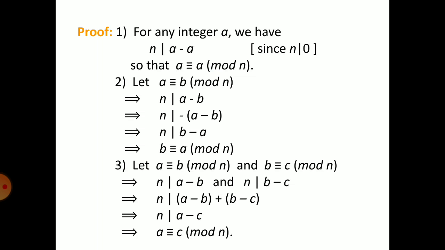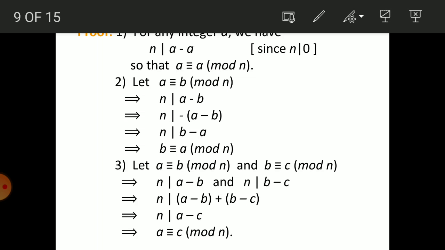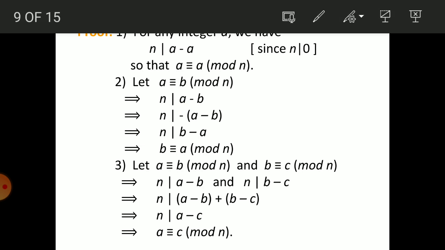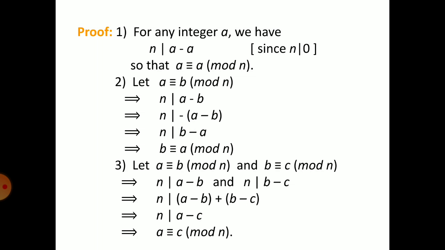Then proof of second. In second, we have to prove that if a is congruent to b mod n, then b is also congruent to a mod n. Now consider a is congruent to b mod n. Then by definition of congruence, n divides a minus b. n divides a minus b means n divides minus of a minus b. If we know that 5 divides 10, 5 also divides minus 10.